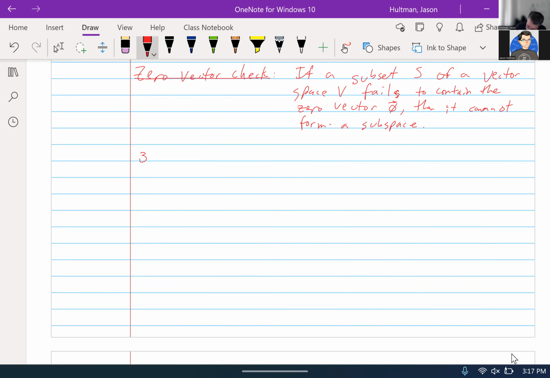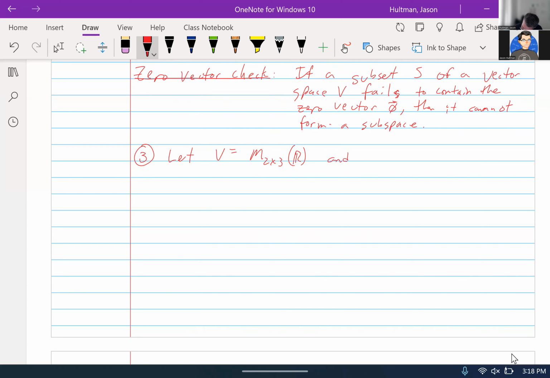Okay, let's look at another example here. Example 3, let V equal M2 by 3 of R. So this is all the 2 by 3 matrices.